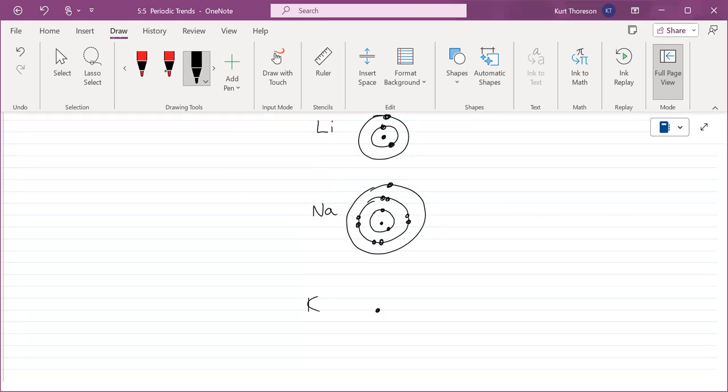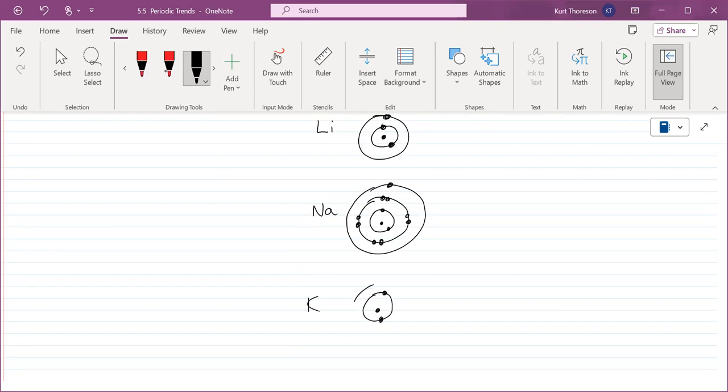Potassium, element number 19. How many protons does it have? 19. Where are all those protons, by the way? That's a unit 2 question. They're in the nucleus. How many electrons does it have? 19. How many electrons do I fit on the first energy level? 2.